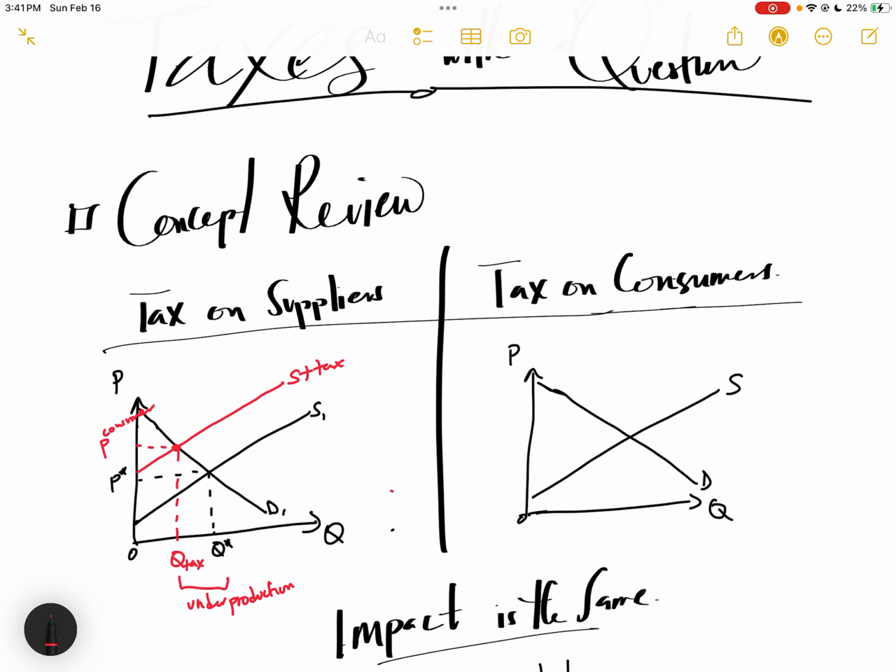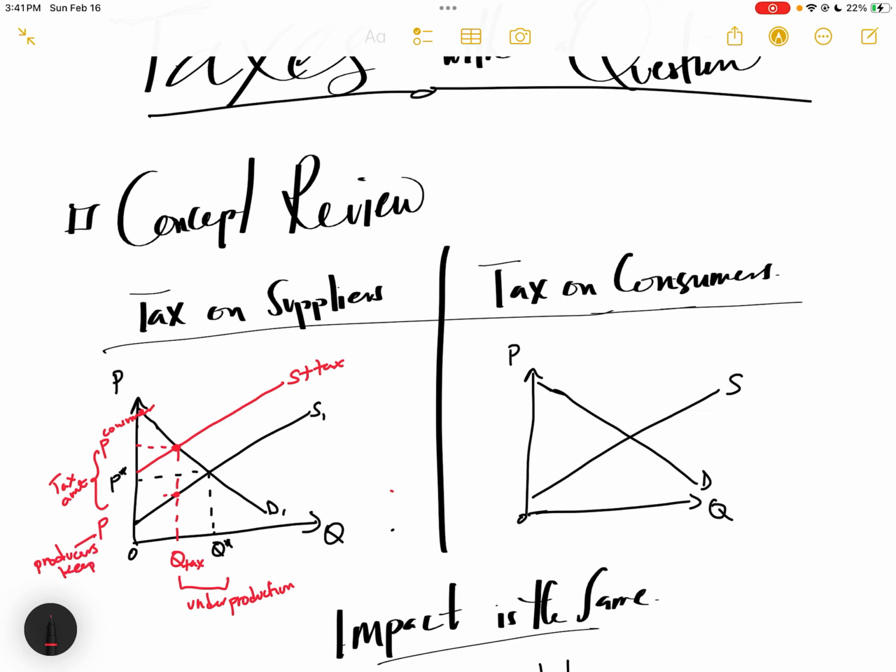Okay, now if you remember, I keep mentioning the price that producers will keep. Well, the price that producers will keep, if you want to find it, it will be the price consumers pay minus the tax amount, right? So here will be the price producers keep.